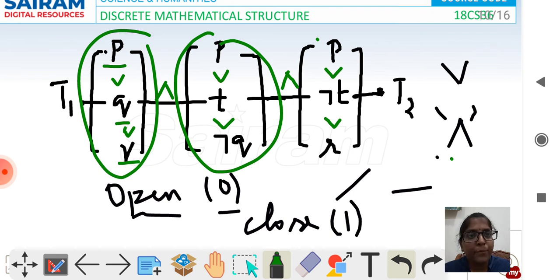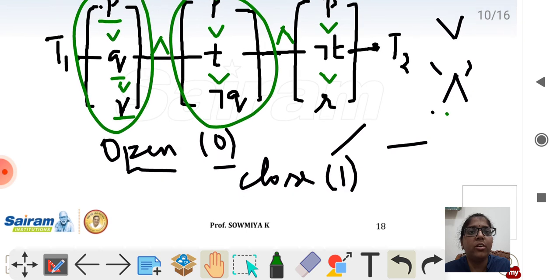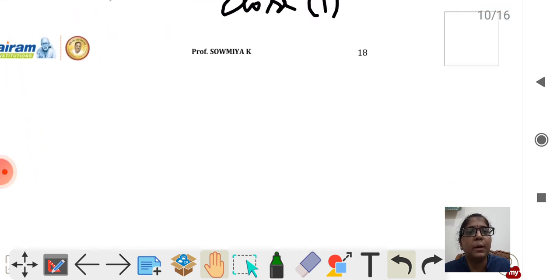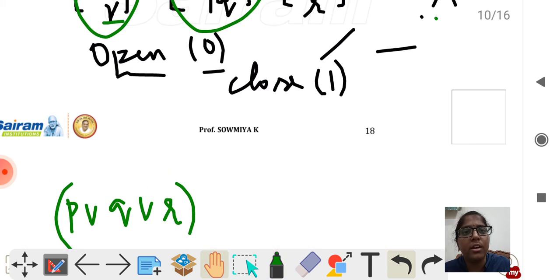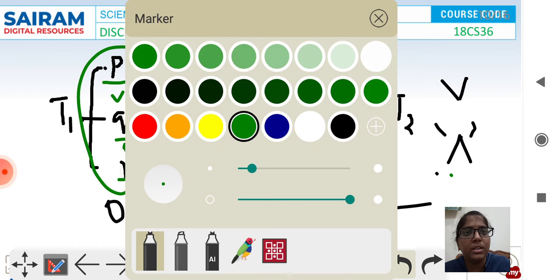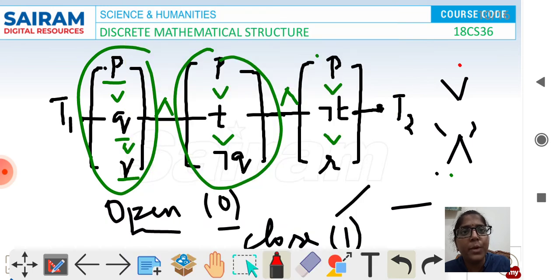Okay. So how will you write the compound statement for this one? It is P ∨ Q ∨ R. This is in parallel, right? And it will become series. Okay.